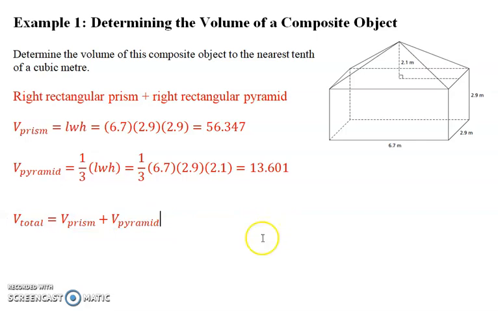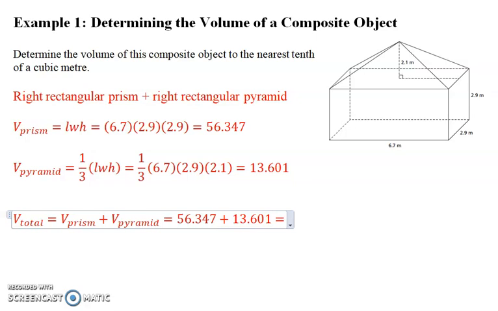So we just have to add the two of them together, and we get 56.347 plus 13.601, which is equal to 69.948. And we'll put the units in, and it says to the nearest tenth of a cubic meter.